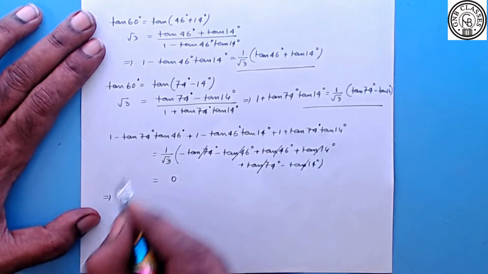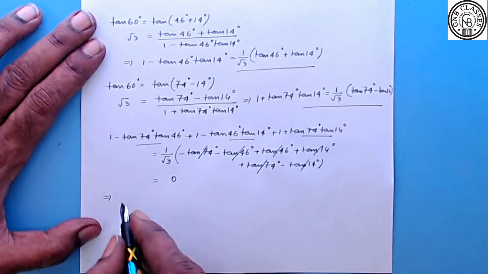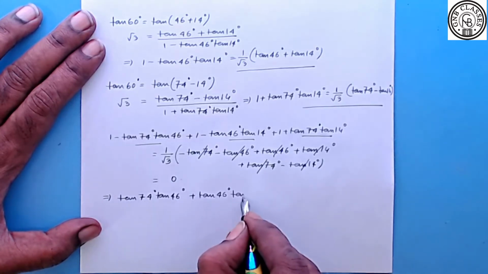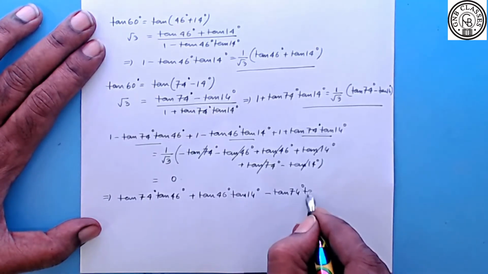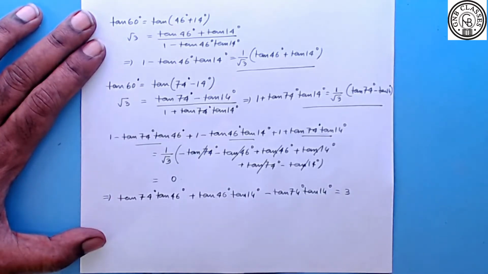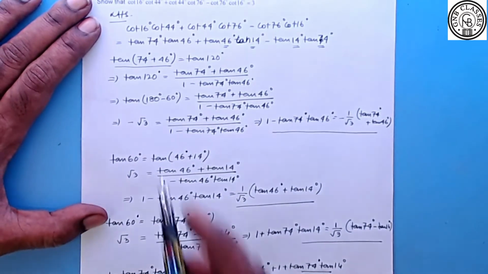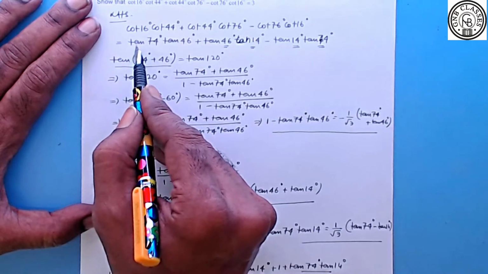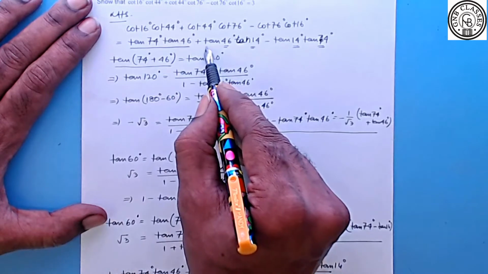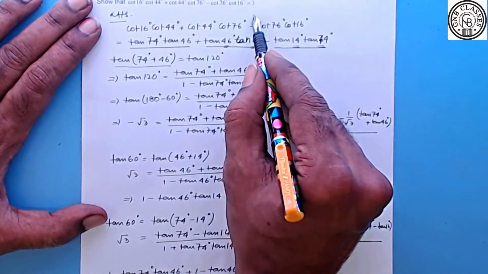So your right hand side is 0. So if I take this one and this one to the right hand side, and in the left hand side we are left with only 3. That's exactly what they have said to prove. Check it. They have given us in cot, we have converted in terms of tan, and we have to prove that tan 74 tan 46 plus tan 46 tan 14 minus tan 14 tan 74 is 3.